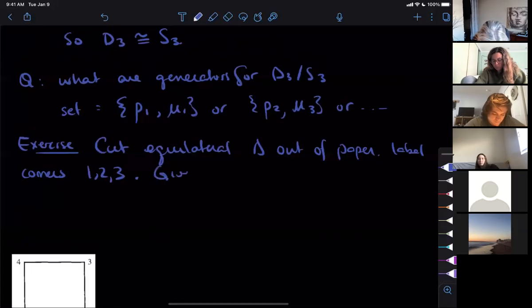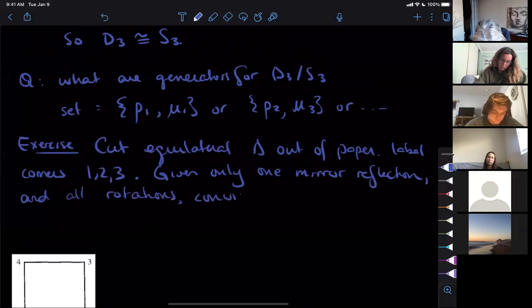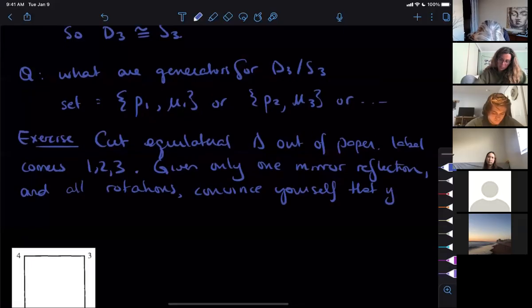Given only one mirror reflection and all the rotations, convince yourself that you can achieve all the other reflections.